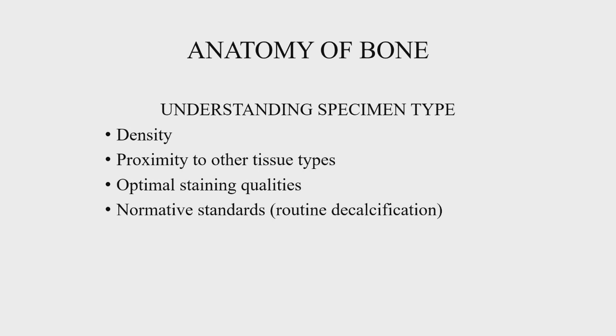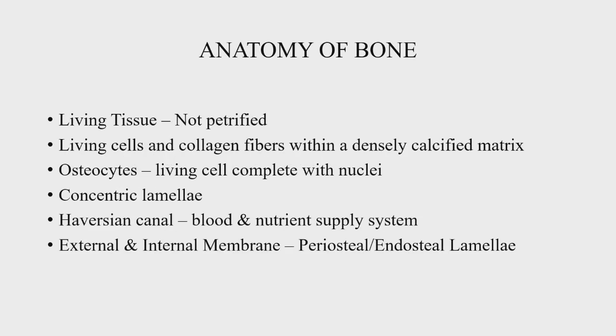They'll know if it's under decalcified because they'll probably have trouble with it on the microtome. But over decalcification is something that oftentimes is never seen until it gets to the pathologist, and he'll have a problem with that. And so then we want to talk about the normative, or the normal, standards of routine decalcification, normal standards of breaking that specimen down.